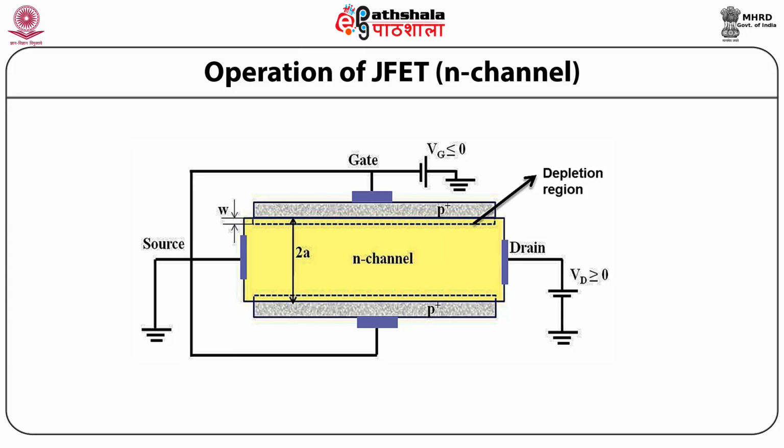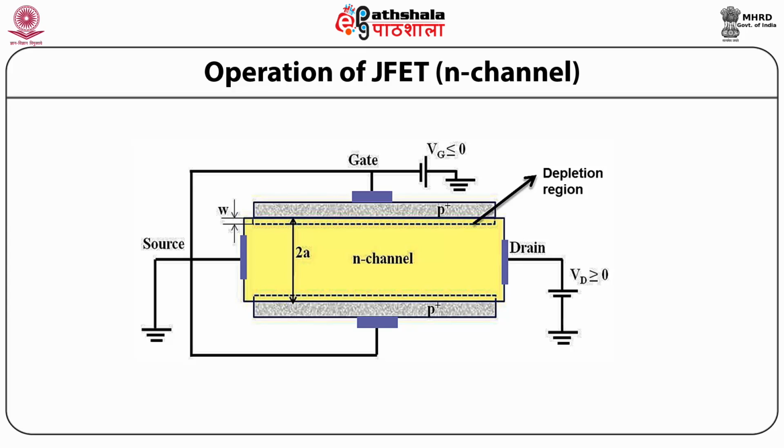The dotted line in this figure shows the edges of the depletion layers associated with the upper and the lower PN junctions. So it is the distance between the two depletion layers, not the separation between the PN junctions themselves, that is equal to the electrically effective channel thickness.